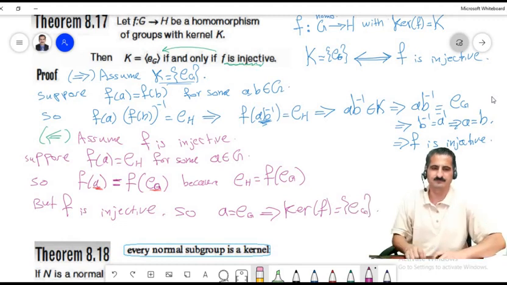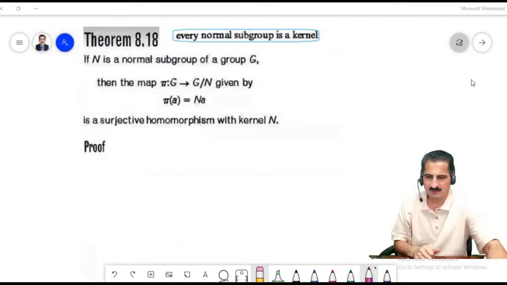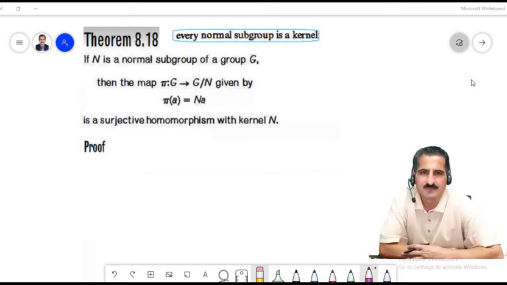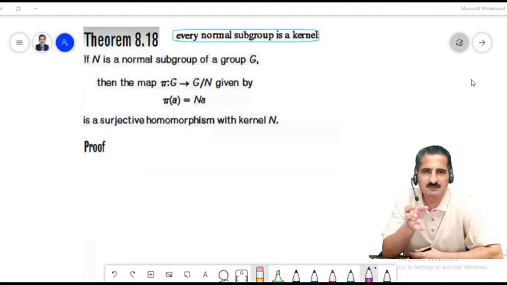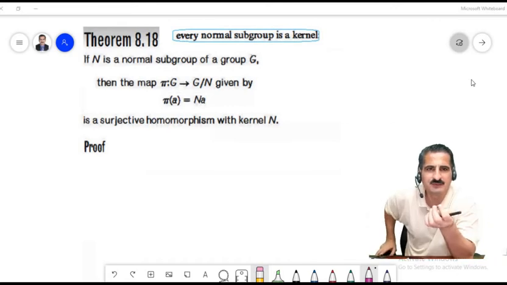Okay, so every normal subgroup is a kernel. We said a little while ago that if we have a kernel, then it is a normal subgroup. But what if I have a normal subgroup in hand?